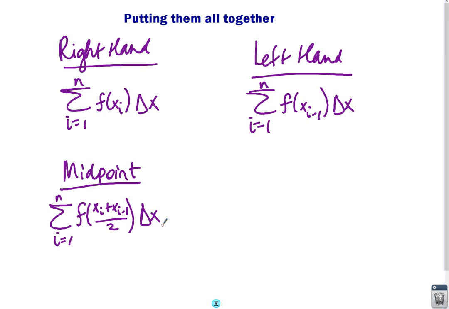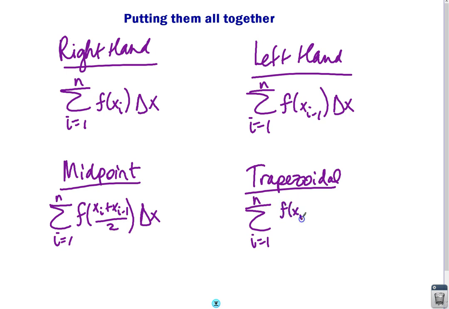Okay, as opposed to the trapezoidal approach, you are finding the average of your y values. So you're saying f of xi plus f of xi minus 1 all over 2 times delta x.